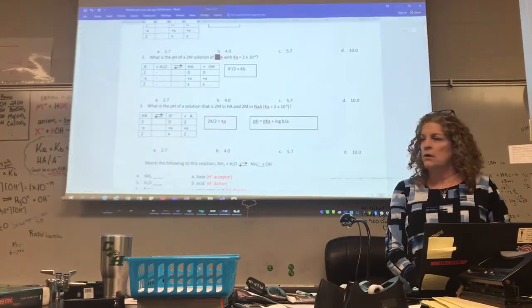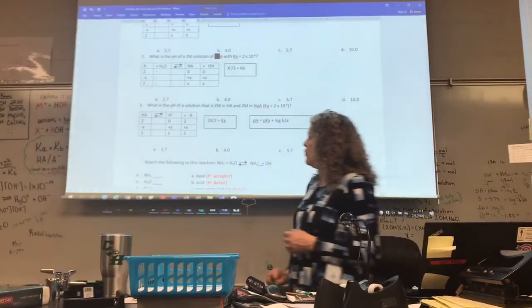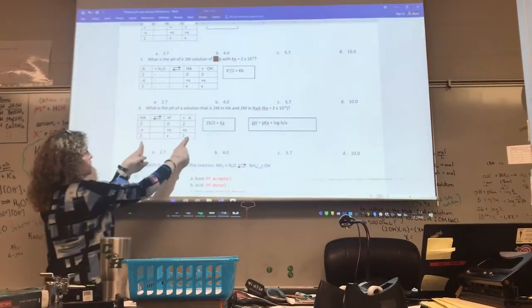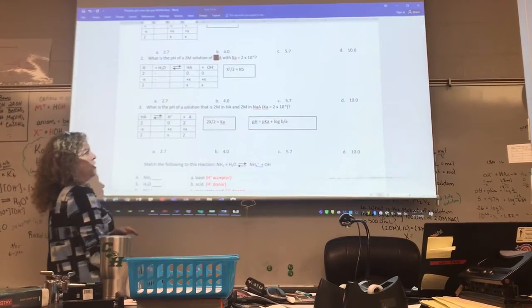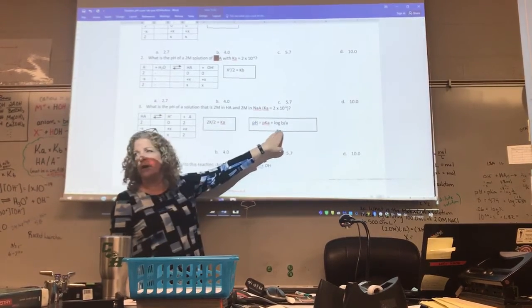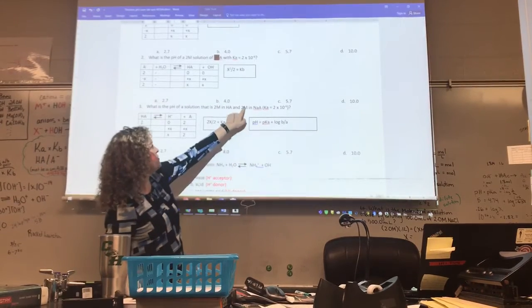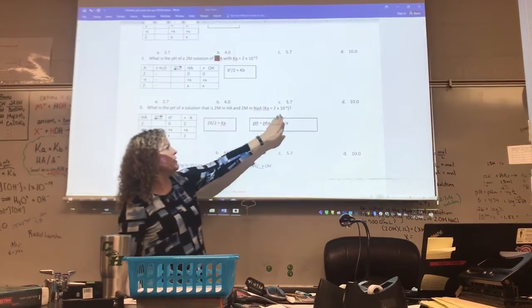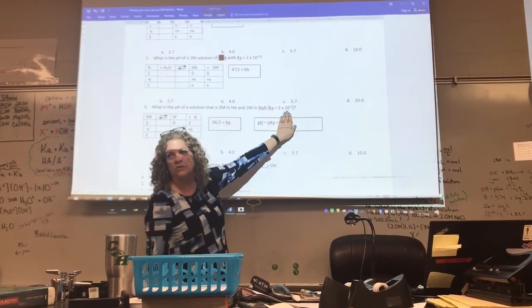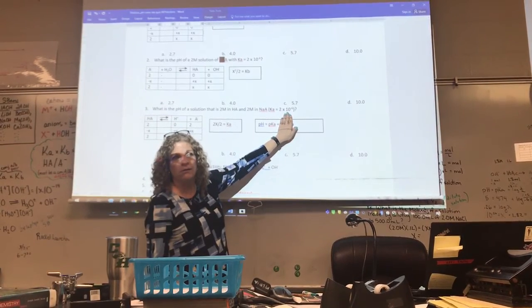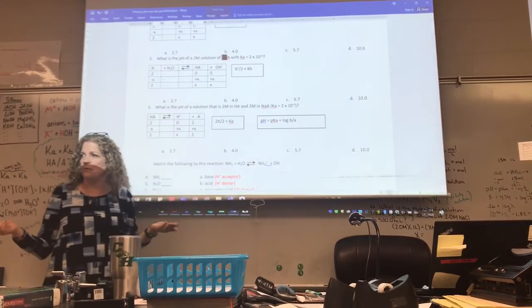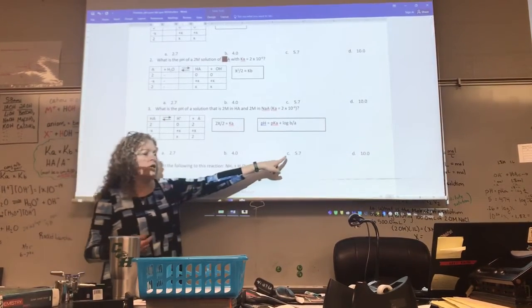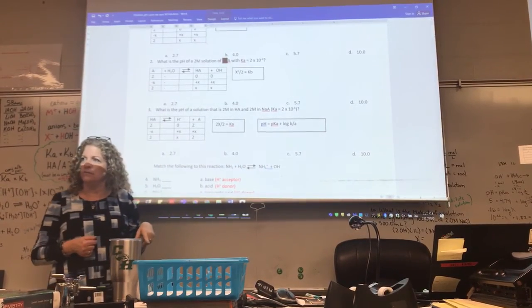If you have a buffer, you can use the equilibrium equation, 2x over 2 equals Ka, or you can switch to our fun formula. If these are exactly the same, that's going to cancel out. So pH equals pKa. If our Ka is 10 to the negative 6, then our answer is going to be 5 something. And so that's why the answer is C. Make sense? All right.